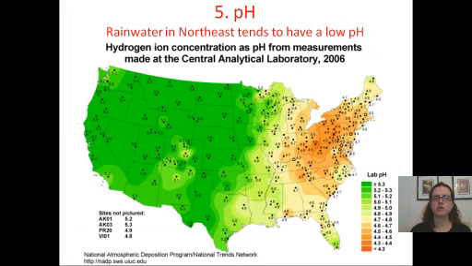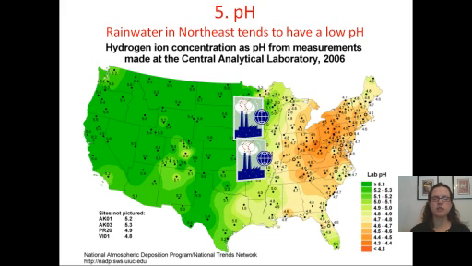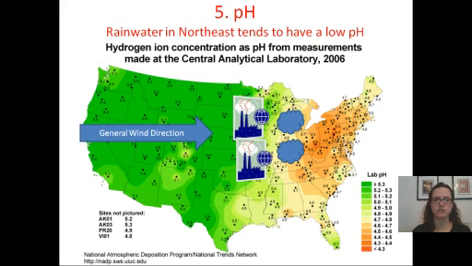pH. Now, water in the Northeast up here in New Hampshire tends to have a pretty low pH. You might have heard of acid rain. We have a lot more acid rain in this part of the country than we do in other parts of the country. So why is that? Well, the main reason is that there's factories in the Midwest, and those factories produce smogs and so forth, and the general wind direction is this way across the continent.